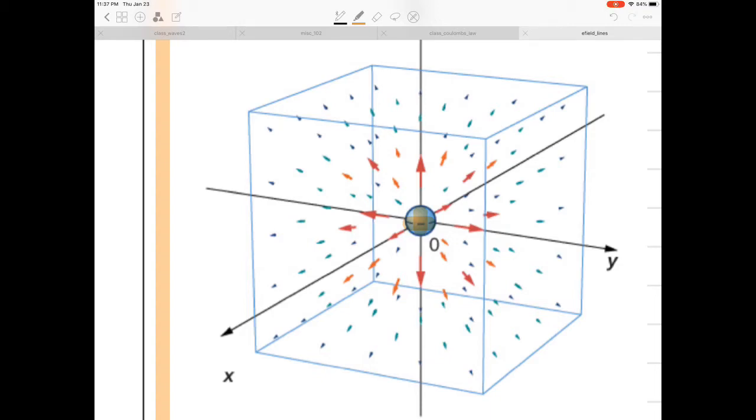We can determine the size of this vector from E is kq over r squared. That would be the magnitude, and then of course the direction is pointing away from the positive charge. Of course, if this was a negative charge, those vectors would be pointing towards the negative charge.